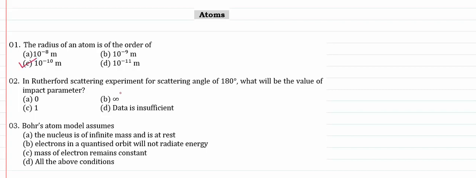Second, in Rutherford scattering experiment, for scattering angle of 180 degree, what will be the value of impact parameter? Now just for remembrance, this is a nucleus, or you can say target nucleus.